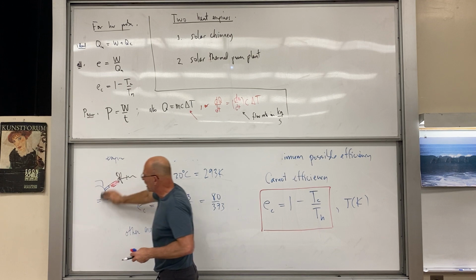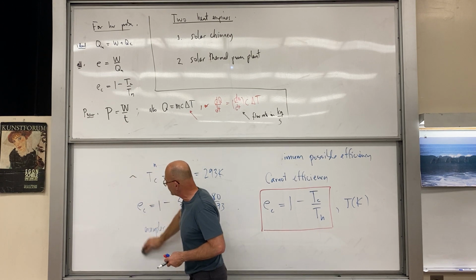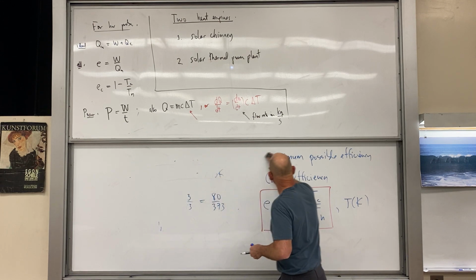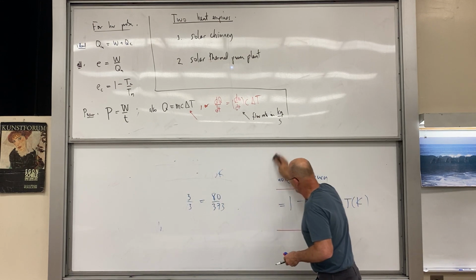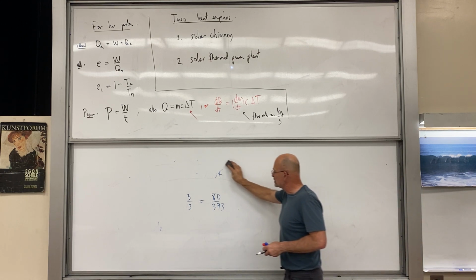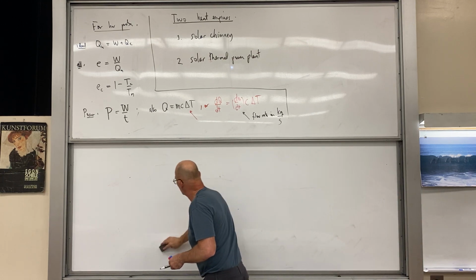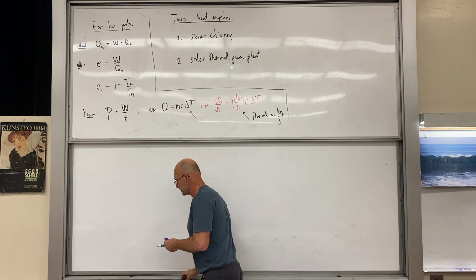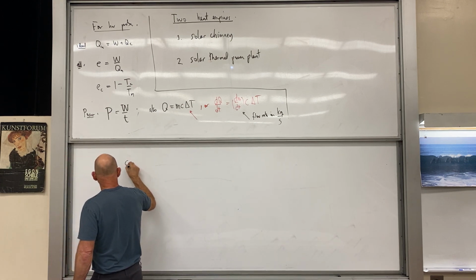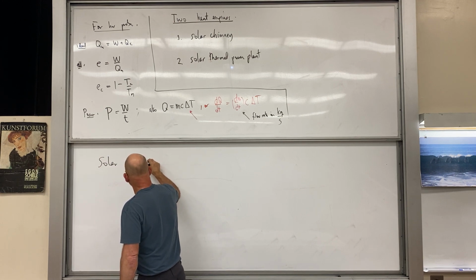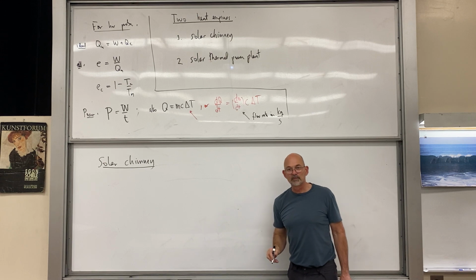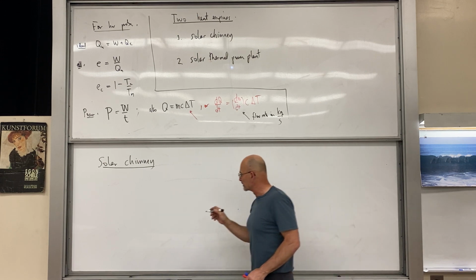You can look some of these up online, or you can even take a road trip to go look at them. So I'll start with the solar chimney, which is related to the Christmas pyramid that I had just been describing.